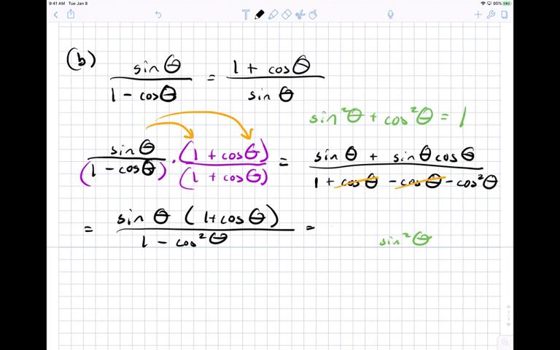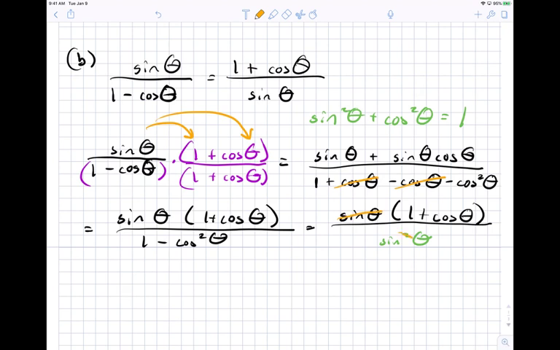All right. So then everything else stays the same. Does this make sense? So then what happens? Okay, so one sine cancels one of these.